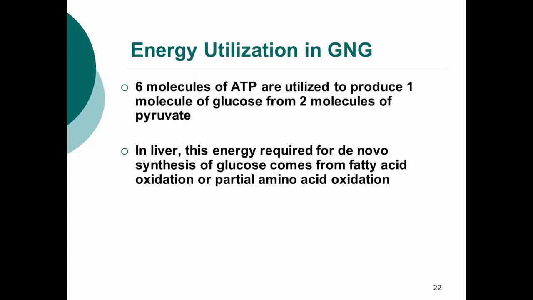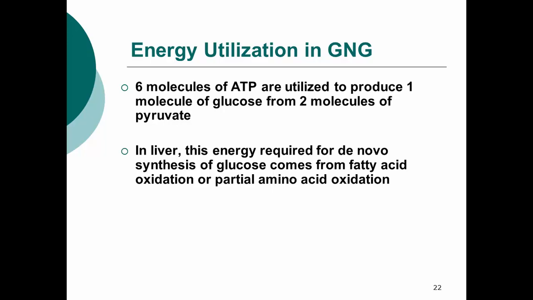And energy utilization. For the synthesis of glucose, we need energy. Six molecules of ATP usually are utilized to produce 1 molecule of glucose from 2 molecules of pyruvate.